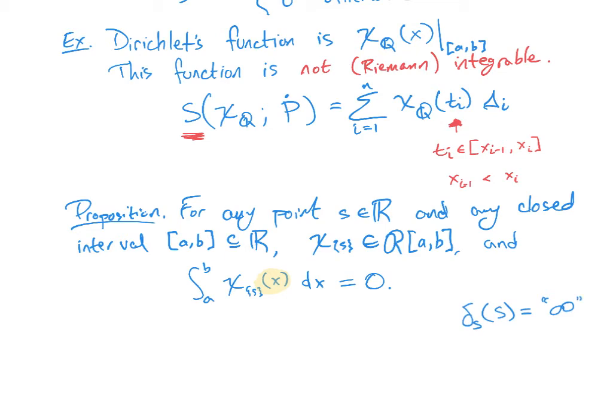Yeah. So hopefully when you learned Dirac delta, that was probably in differential equations, your professor told you that the Dirac delta function is not a function at all. Dirac's delta is a distribution. So that's the difference.